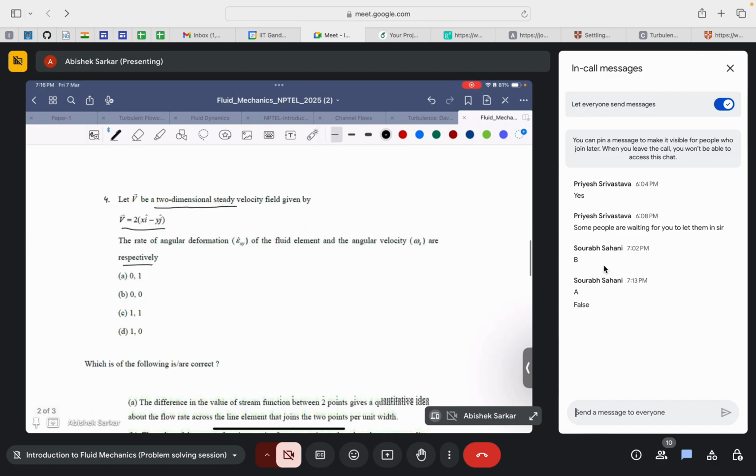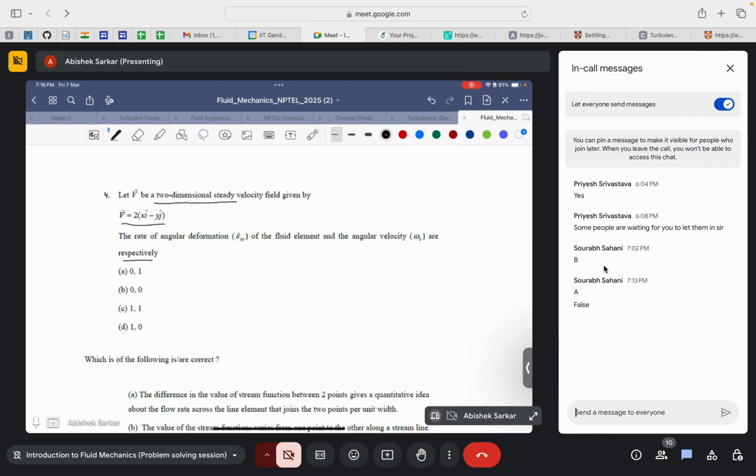Okay, so I will give you 5 minutes. It's a very simple calculation, but still you need to evaluate it, and tell me which are the correct values of epsilon dot xy and omega z. Saurabh says it's B. So others, can you tell?